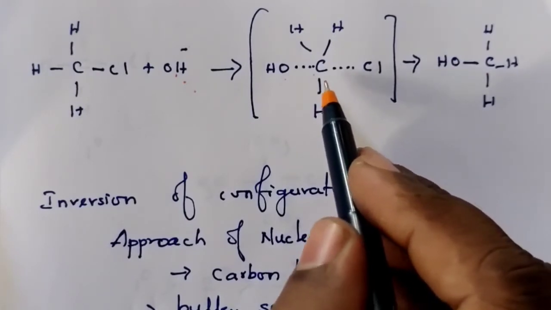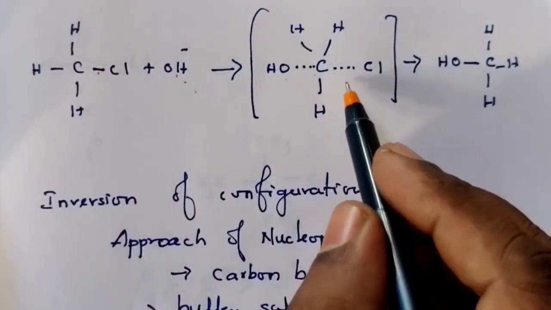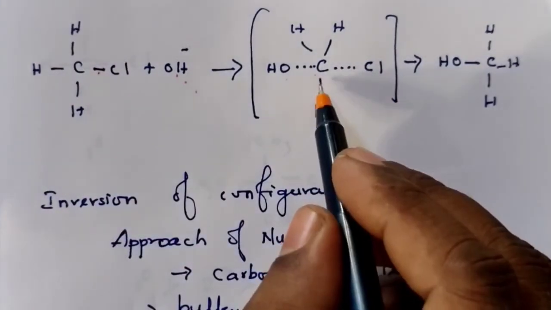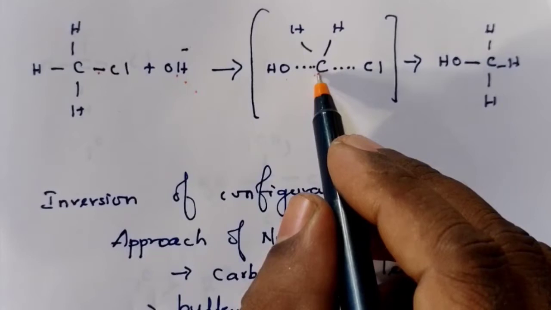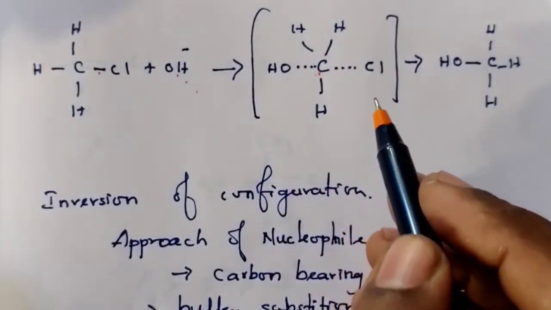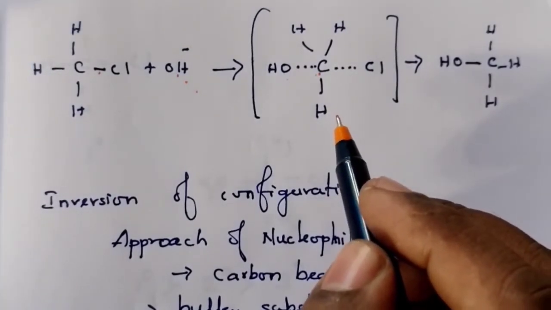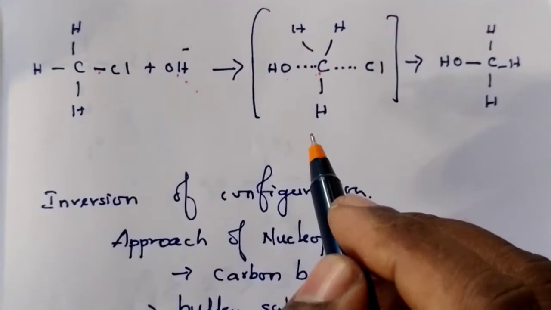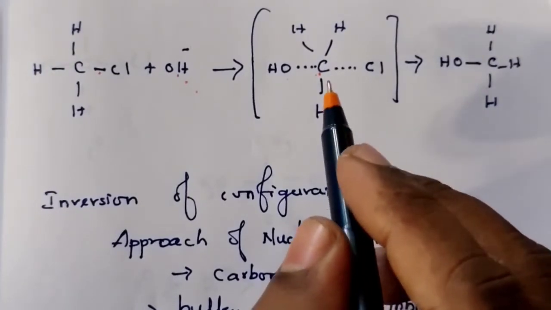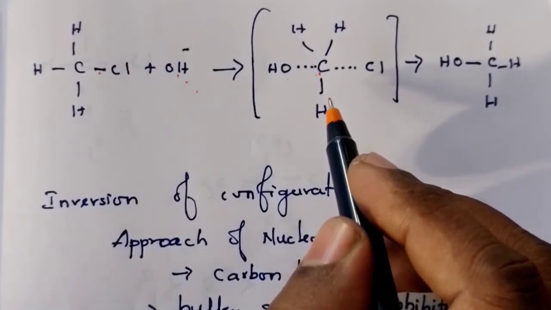At the same time, the C-Cl bond becomes weakened. In this state the carbon bears 1, 2, 3, 4, 5 bonds. Actually, it is impossible, so this compound is unstable. We cannot produce this compound. Such a state is called a transition state.